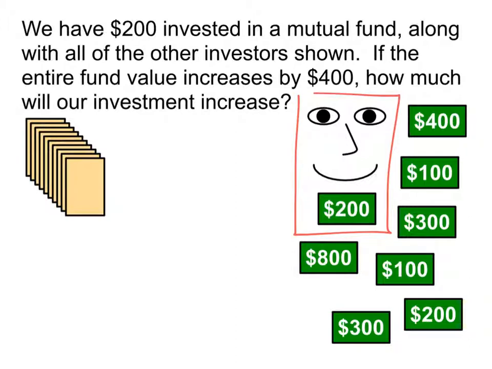But we also have those other people that have put in money on this one. So notice, some people put in just $100, one person put in $800. There's a wide variety there. If the entire fund value increases by $400, how much will our investment increase? You're going to need some time to figure this problem out.